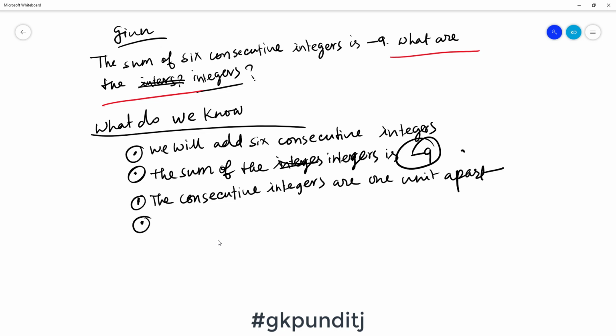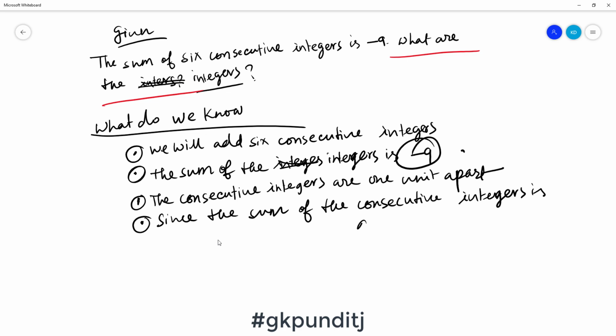Another thing: since the sum of the consecutive integers is negative, you can see this is negative.